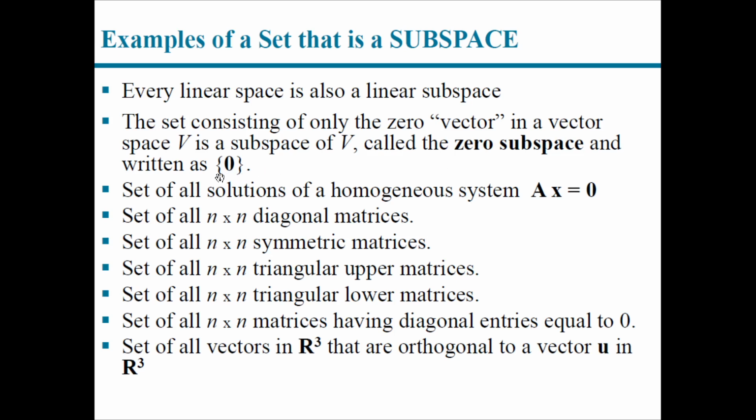This is the notation for a set, with these curly brackets. The set containing 0 is actually a subspace. It has only one element, 0, and it is a subspace. Well, this is actually the only linear space that has one element or a finite number of elements. Every other linear space will have infinitely many elements inside.